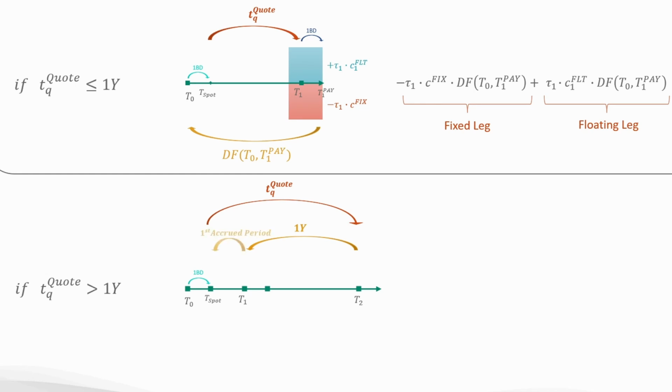And you can see that the first period will either be less than a year or exactly a year. And now that we have our two exact cash flow dates, we have the first cash flow at T1 paid with a payment lag of 1 business day and discounted back from that date to T0. And then the same thing happens for the second cash flow.